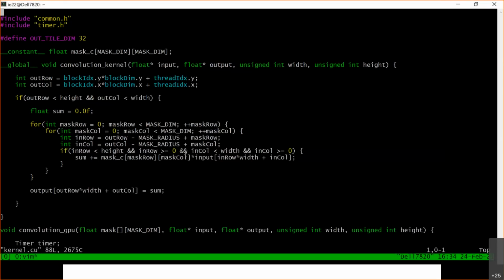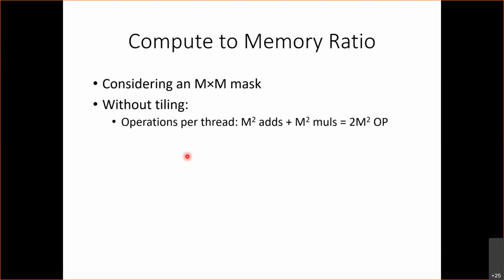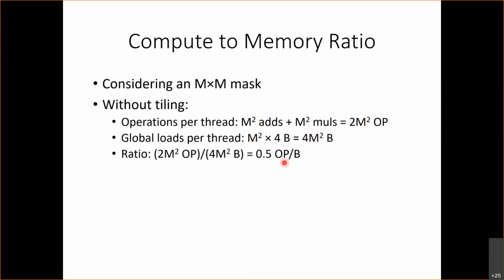But we're only concerned with floating point operations. So we have M squared adds and M squared multiplications. That's 2 M squared operations. Of course, here I'm ignoring the boundary conditions. With the boundary conditions, some threads might do less than this, but most threads will do this. So the global memory loads per thread are M squared times 4 bytes. So 2 M squared operations over 4 M squared bytes is 0.5 operations per byte.